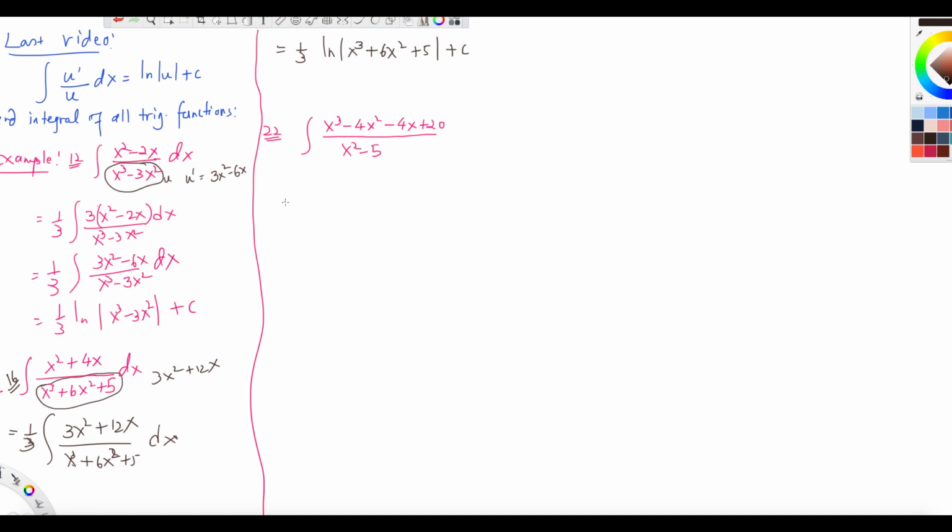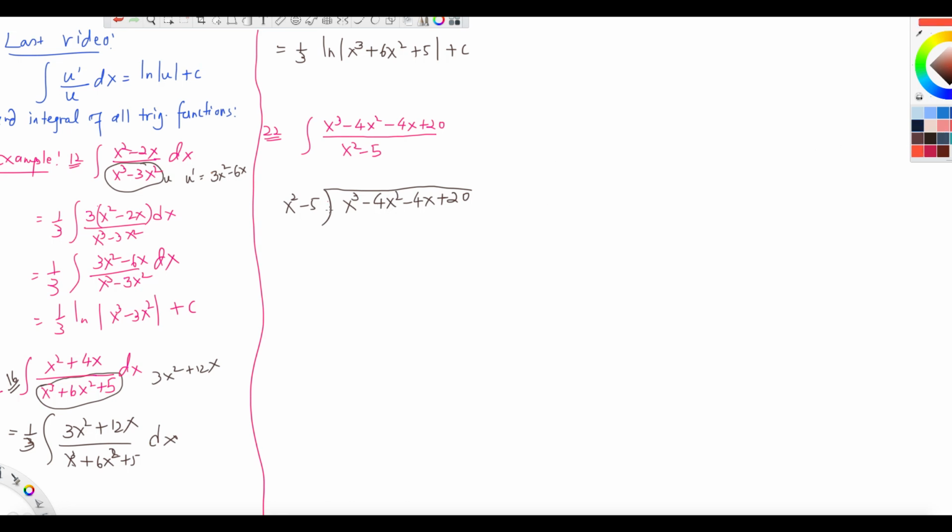Okay, so x squared minus 5 is the divisor, and x cubed minus 4x squared minus 4x plus 20 is the dividend, right? When you divide using long division, you may know that already.